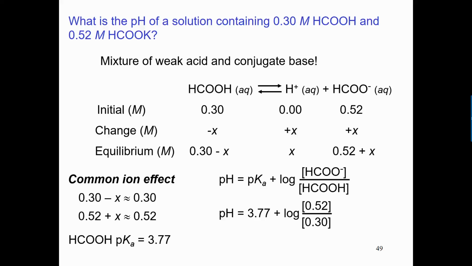How do you know which ones are the spectator ions? It's the metals. Well, if you look at the acid, HCOOH, the only difference between it and the base is one hydrogen is replaced by that potassium, right?